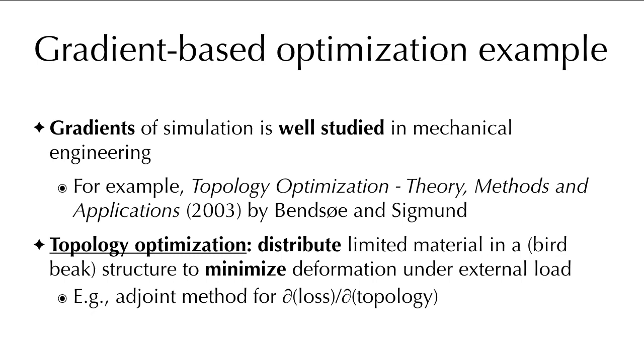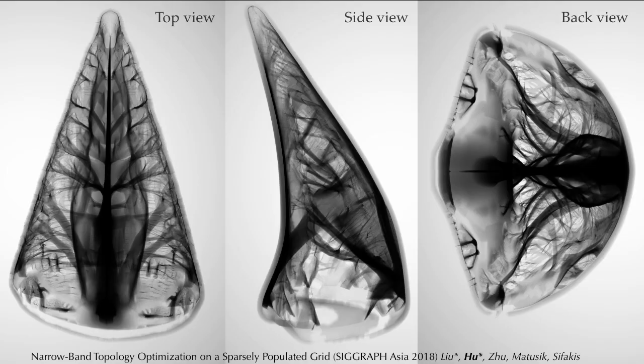And then, of course, you need to somehow use the adjoint method to compute the partial derivative of the loss function with respect to the topology. Here, we have to use the adjoint method because you have to solve for the displacement under the external load, which is a linear system solve. And here I'm showing you a bridge topology optimization example.